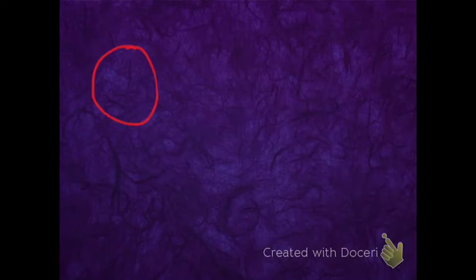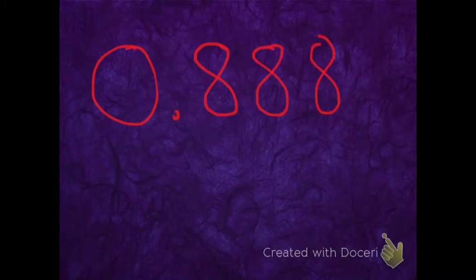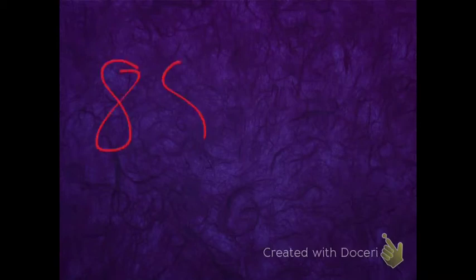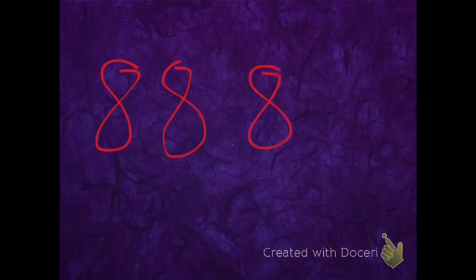So since it's 0.8 repeating, you could put 0.888, and then you put the bar over it. So you would now move your decimal point over 2 places, and you get 88.8 repeating, and you would add the percent sign. So now your answer is 88.8%.